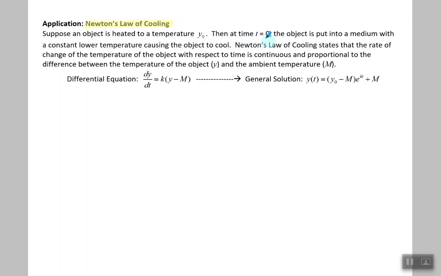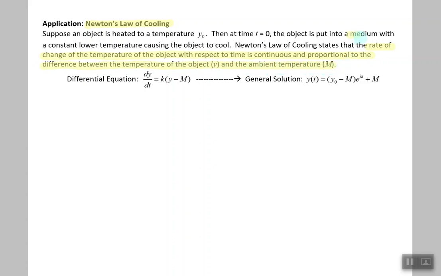Then at time t equals 0, the object is put into a medium with a constant lower temperature, causing the object to cool. Newton's law of cooling states that the rate of change of the temperature of the object with respect to time is continuous and proportional to the difference between the temperature of the object, which we're calling y, and the ambient temperature, which we're calling m.